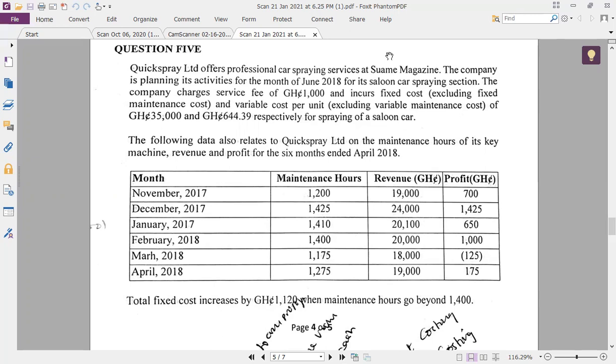No wonder last sitting was a very challenging one. These are the type of questions that are interested in you. Okay, maintenance hours. All of them are there, November, December, April. Good.